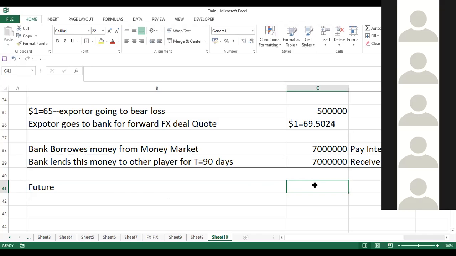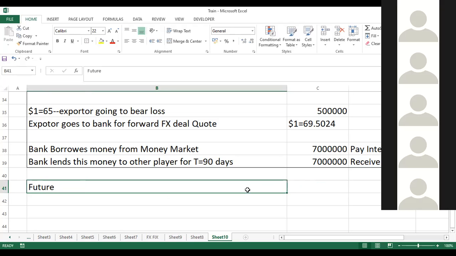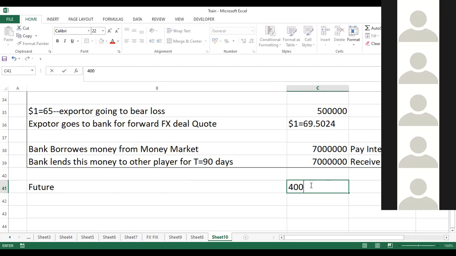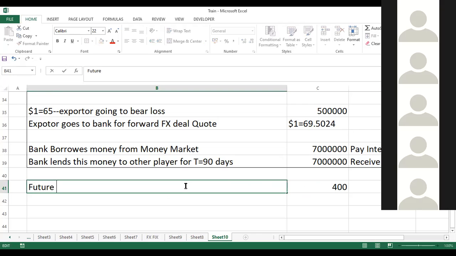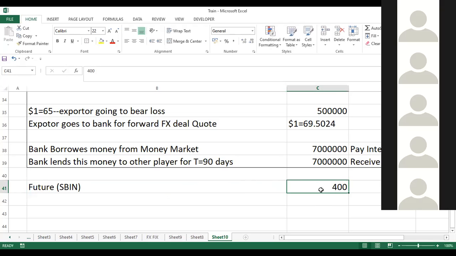So you believe the price of the security, which is right now trading at 400 rupees. Let's take the same example so that we are able to relate to it easily: the SBI share, trading at 400 rupees. You are worried it can go down, and if it goes down, you are going to incur a loss.